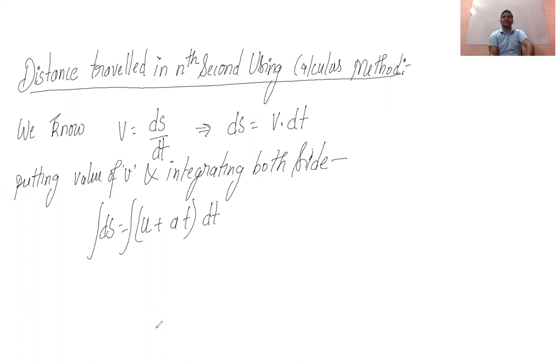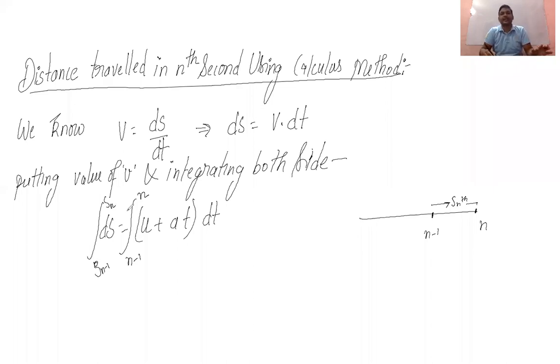For the integration, what you are willing to calculate is the distance traveled in the n minus 1 to n second. This distance has to be calculated in nth second. That is, you have to take the time limit as n minus 1 to n, and the distance will be, not 0 to s, but S(n minus 1) to Sn.